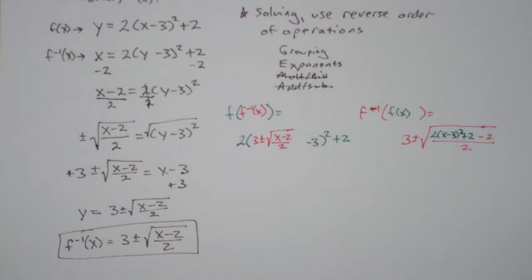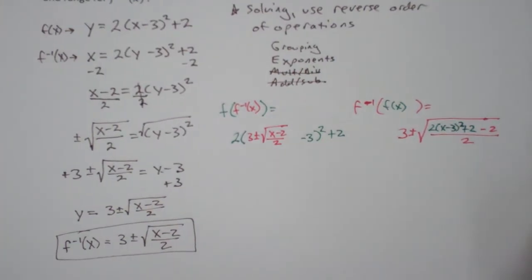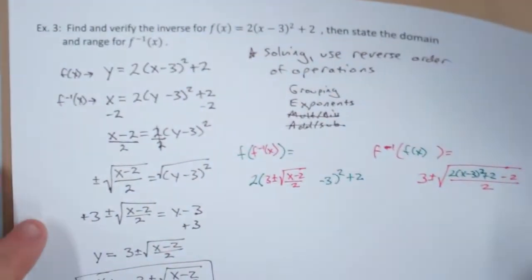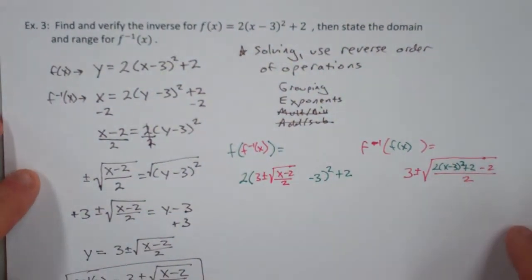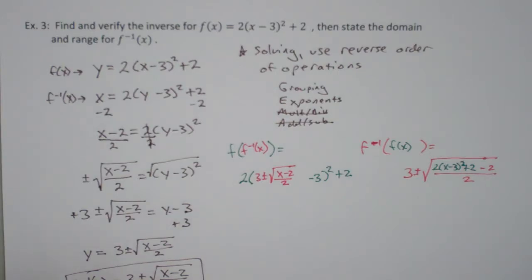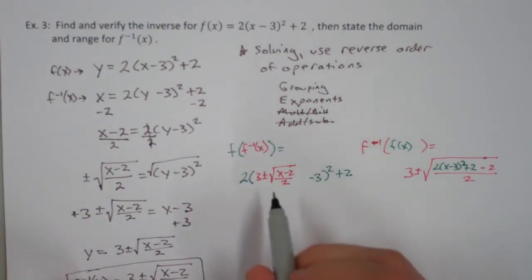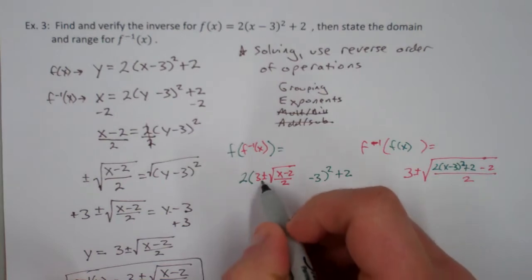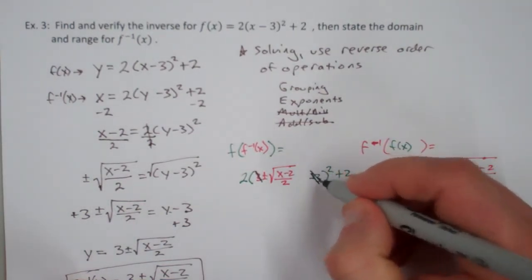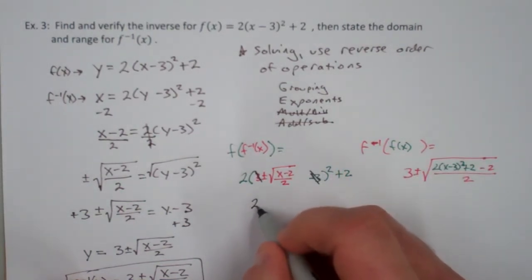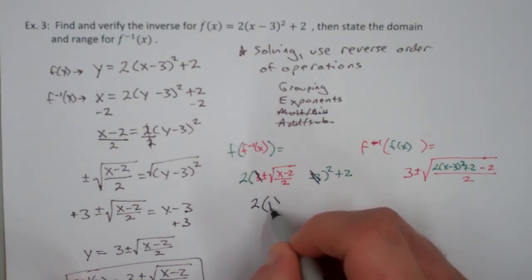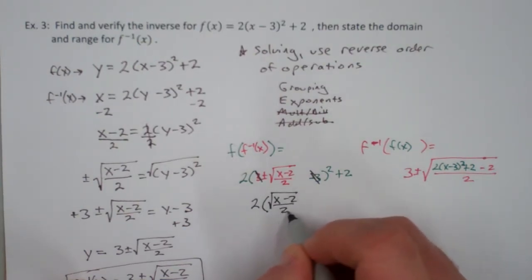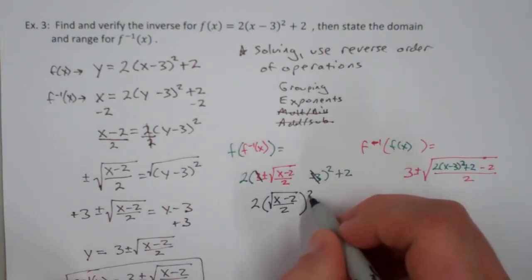Alright, so now we've got our composition of functions, and you need to do each one of these. Let's get this all straightened out a little bit here. Okay, so we're going to work with these, and we're going to try to verify them as best as we can. So we're going to look inside here in these parentheses. I'm noticing that a positive 3 and a negative 3 is 0. So we've got the square root of x minus 2 over 2 all squared.